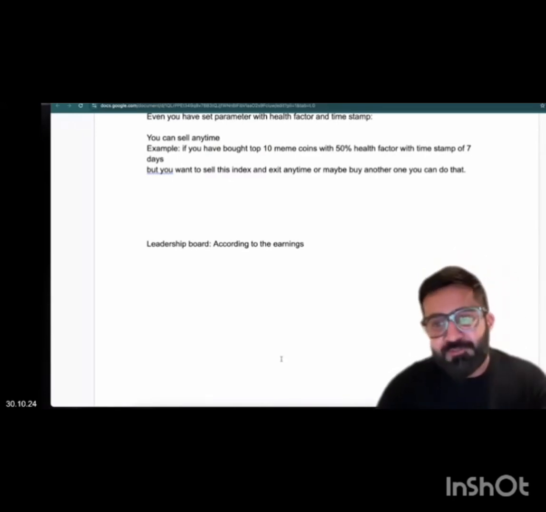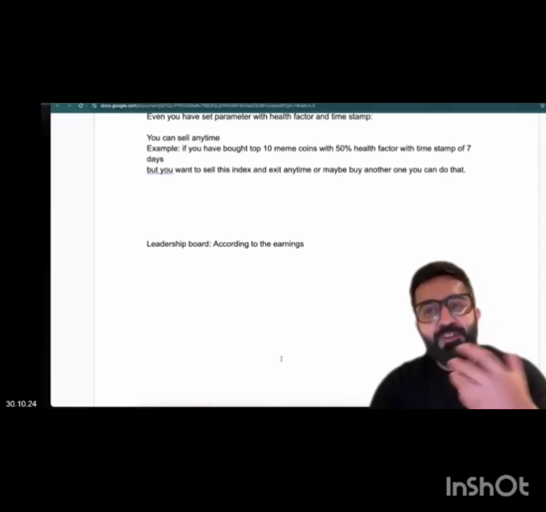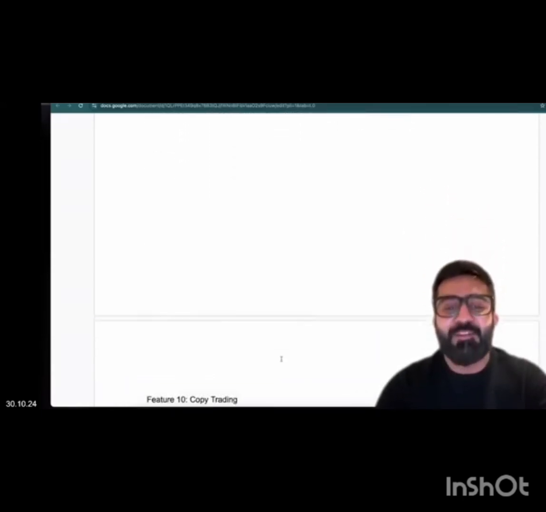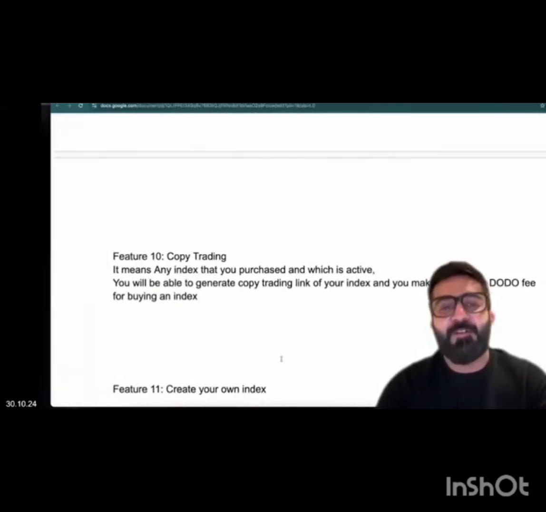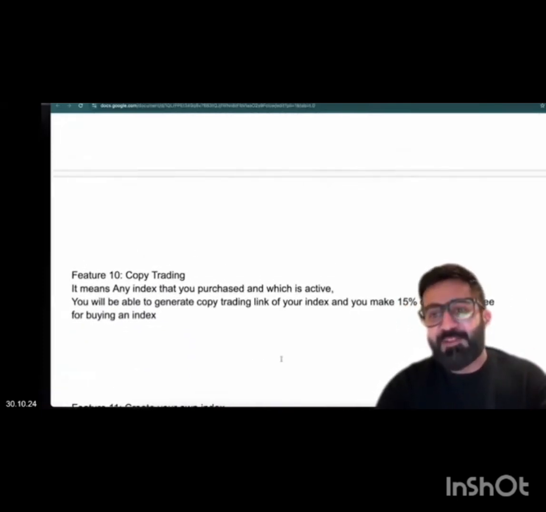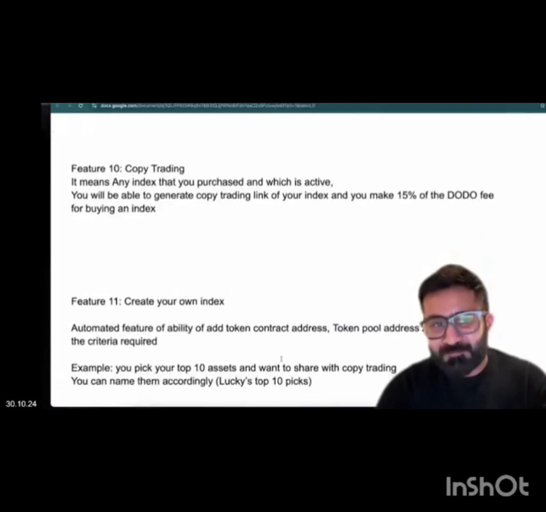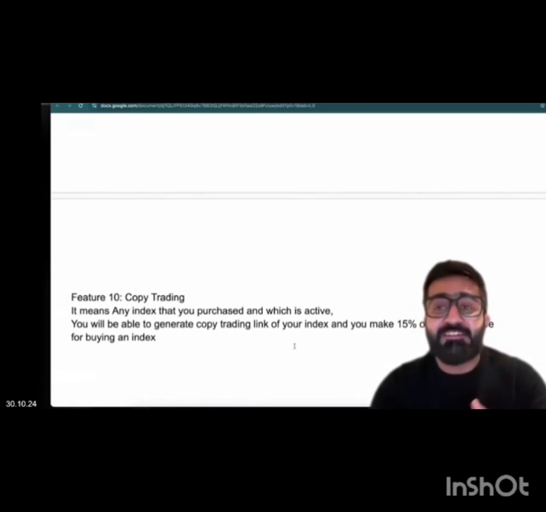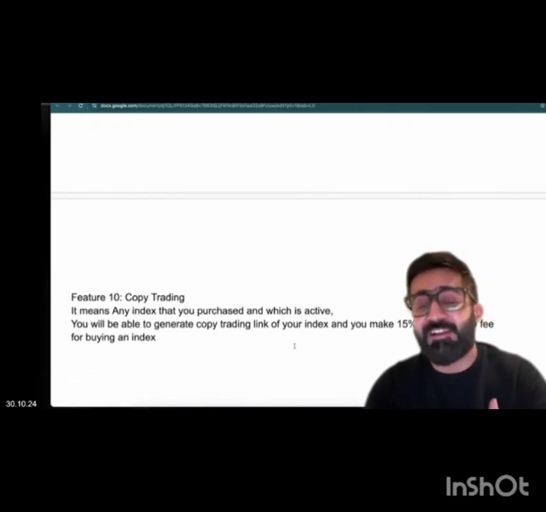When it comes to following, when we were introducing some following mechanism, we thought of introducing copy trading also. So with Dodo, you can generate your own copy trading link.